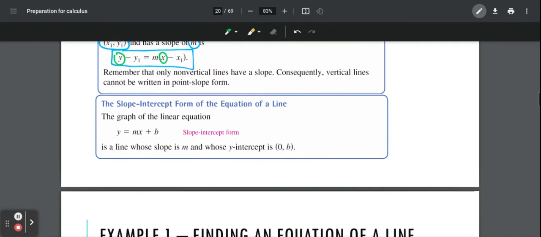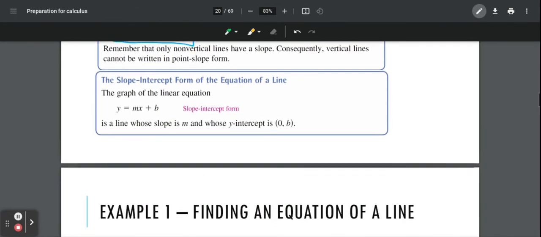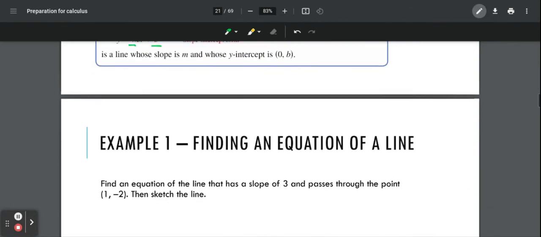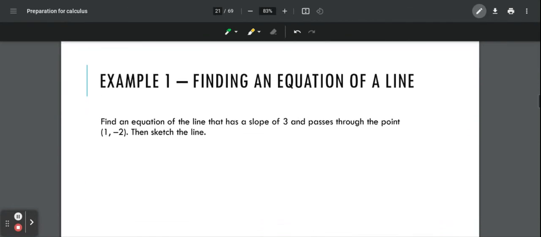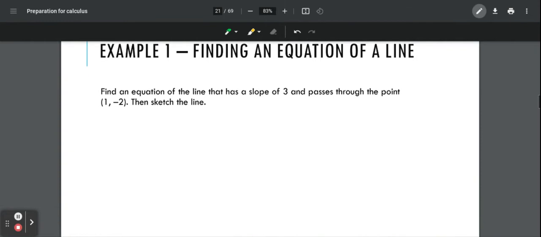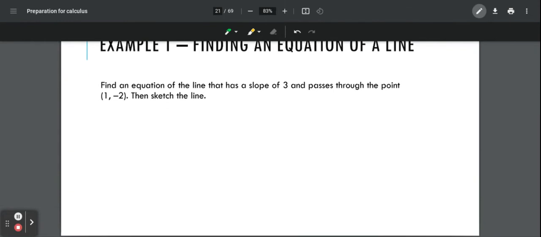And then we have slope-intercept form, the y equals mx plus b. Again, remember the m is the slope and the b is your y-intercept. So in our first example, finding an equation of a line that has a slope of 3, so they're giving us the slope, which is your m, and it passes through a point, so they're also giving us an x1 and a y1.